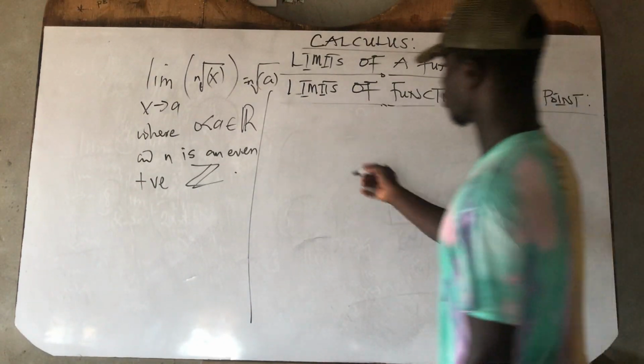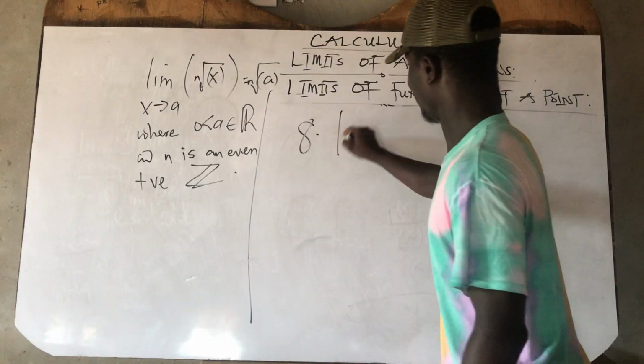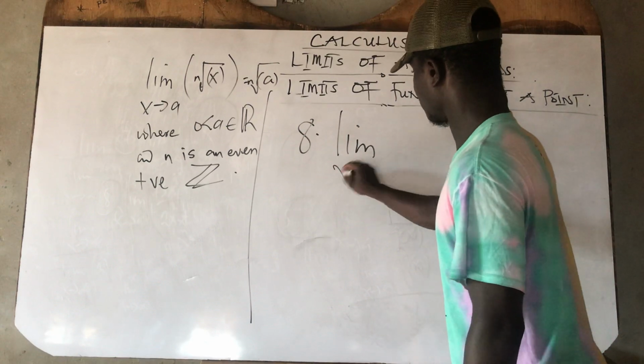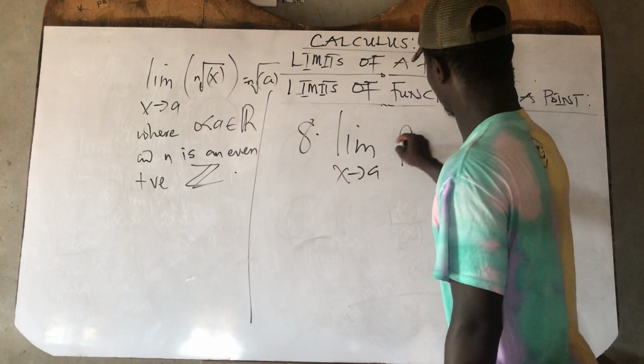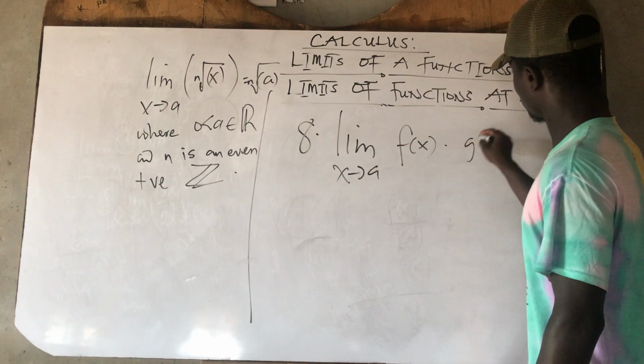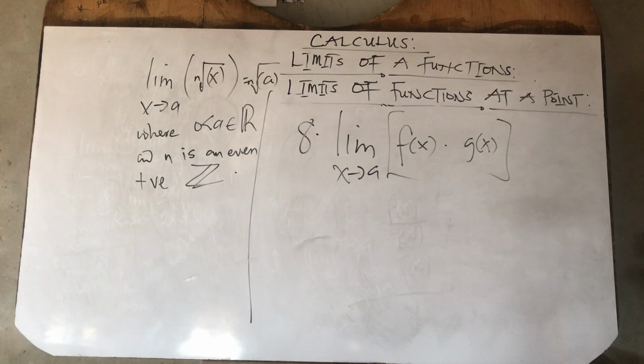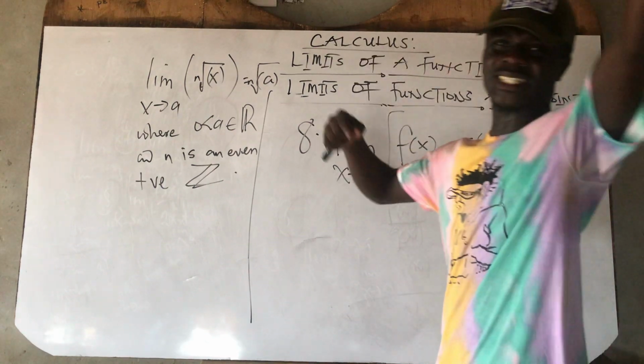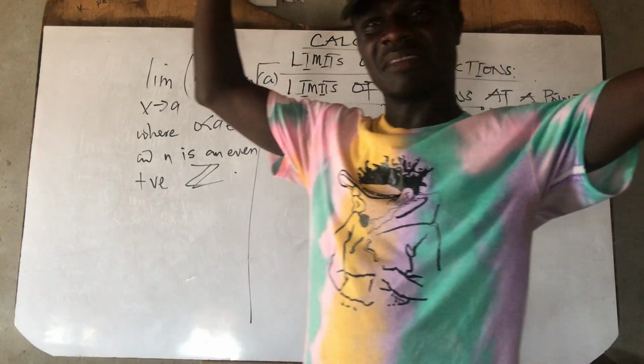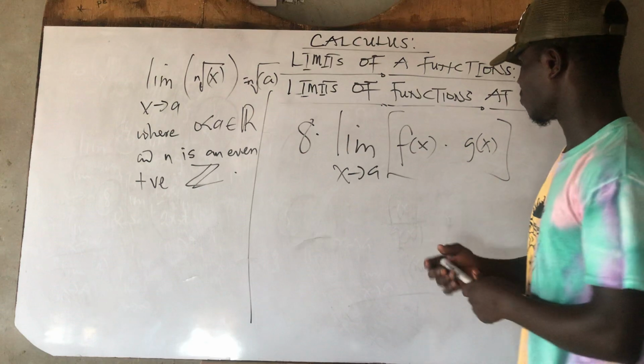Oh, sorry. I didn't give you this. The limit as x approaches a of f of x times g of x. That's a product. When you get the product of these functions, it's the same rules as in x approaches infinity. It's the same thing you apply here, right?